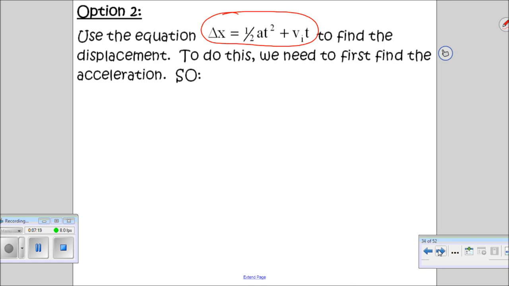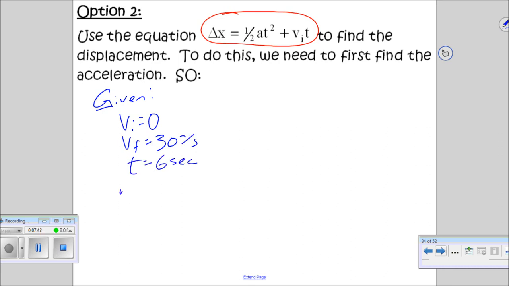Normally I would use this if you already knew the acceleration. So this option doesn't really make a ton of sense for this problem, but I want to show you that it works. Once again, let's start by writing down what we know. Our Vi was 0, our Vf was 30 meters a second, the time was 6 seconds, and we're looking for our displacement.